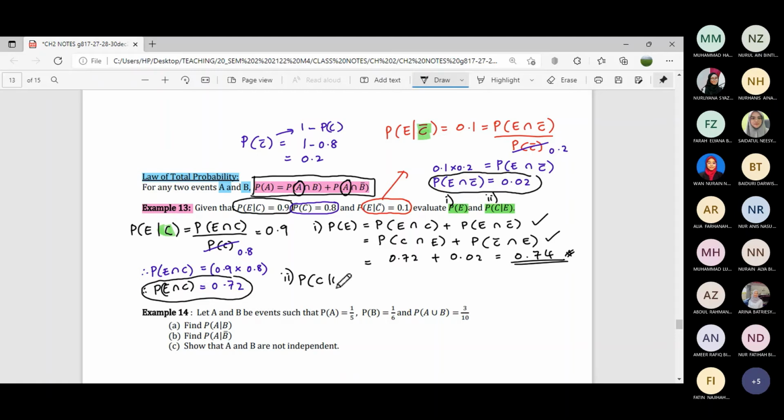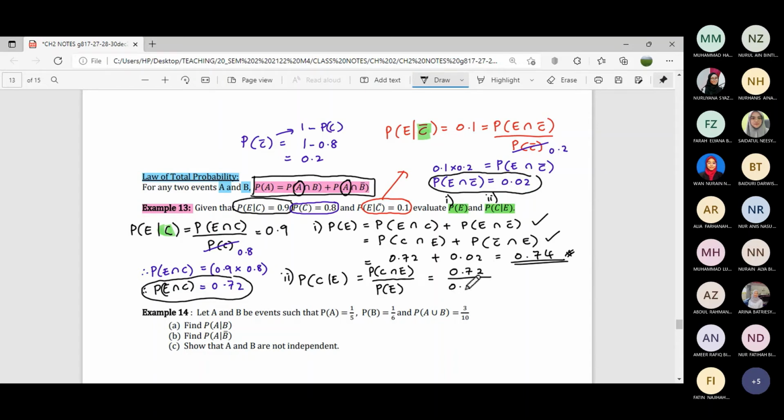P(C given E). Mana satu first event dia? E. So letak E di bahagian bawah ya. First event dia adalah E di bahagian bawah. Lepas tu atas ni tak kisah E dulu ke C dulu ke, sebab dia adalah persilangan, dia bukan conditional prob. Lepas tu carilah P(C and E), it is 0.72 bahagi dengan P(E).